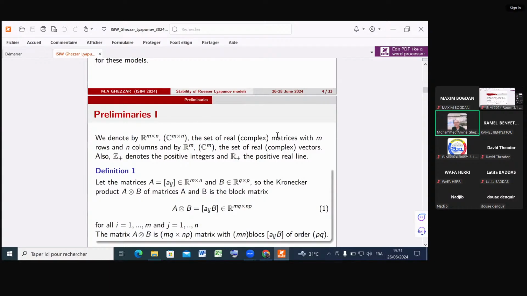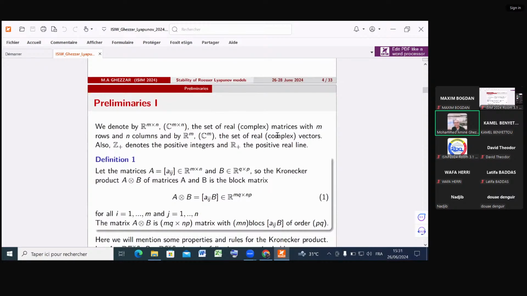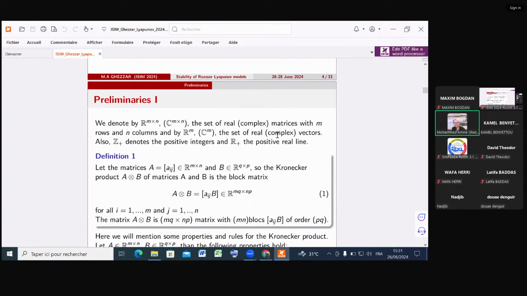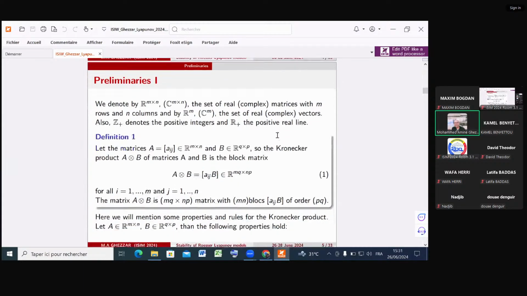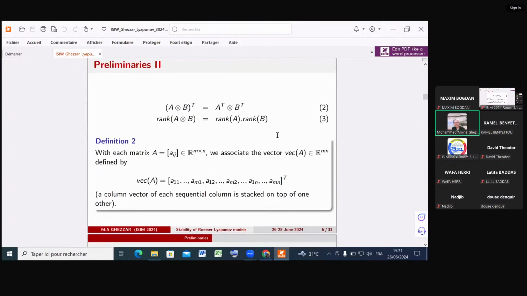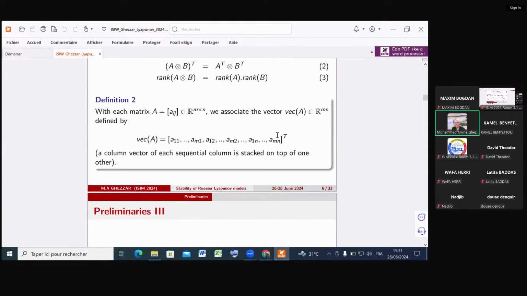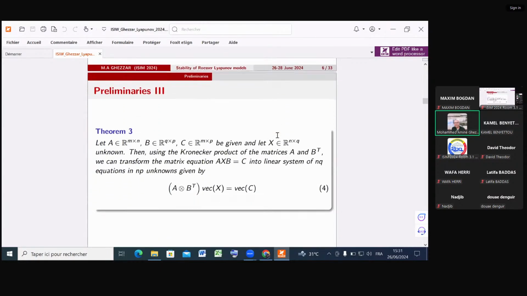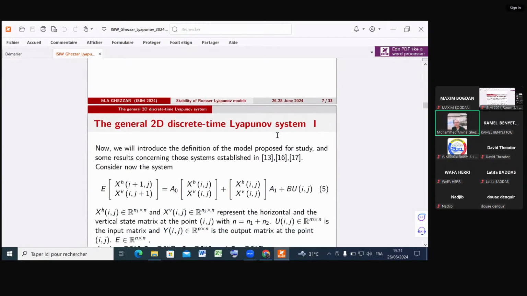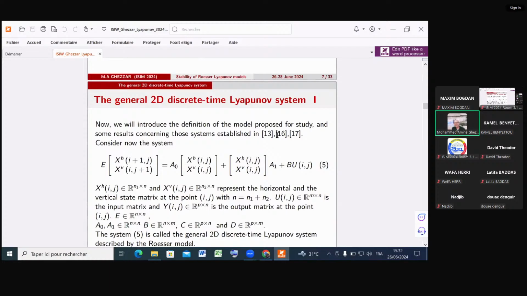I will start with some results concerning the tools applied in our work. It uses a lot of the Kronecker product and some properties of this product, and I will define the general 2D system by Formula 5.